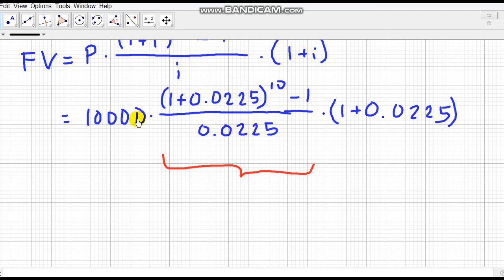Then multiply it by 10,000 and multiply it by 1.0225. The final answer would be 113,249.11, so 113,249 pesos and 11 cents. So that's how much the money will be after 5 years.